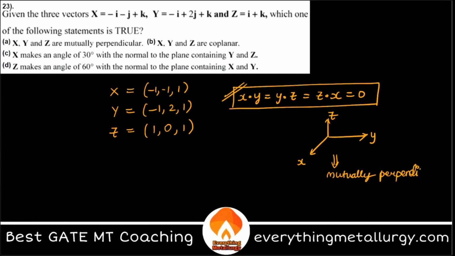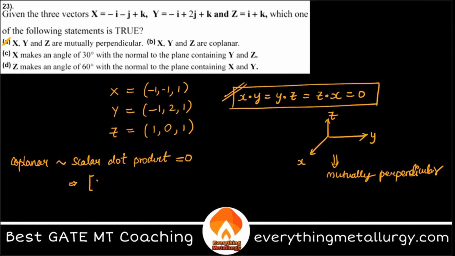So my A option is correct. And of course C and D are wrong, because the dot product is 0. They can't make some angle other than 90 degrees. And what about B option? They are asking whether x, y and z are coplanar. Any three vectors are said to be coplanar when their scalar triple product is 0. What is the scalar triple product?